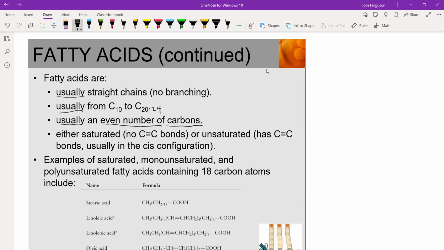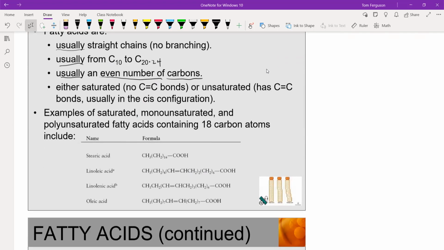So whenever you see a fatty acid in vivo in a body, it's an even number. They can have double bonds, and they're usually in a cis configuration, but not all the time. You can have trans fats that are generated within our own bodies.